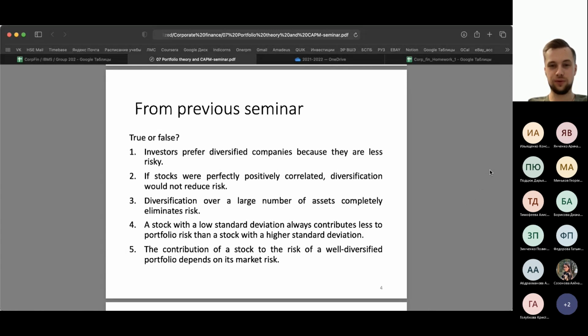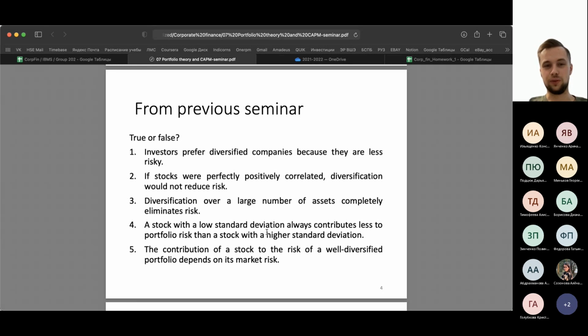Yeah, by the formula, of course, but also on common sense, if we are buying 2 stocks that are positively correlated, if the price of one stock falls, the price of the second stock will also fall definitely. Yes, that is not a very good situation for us.